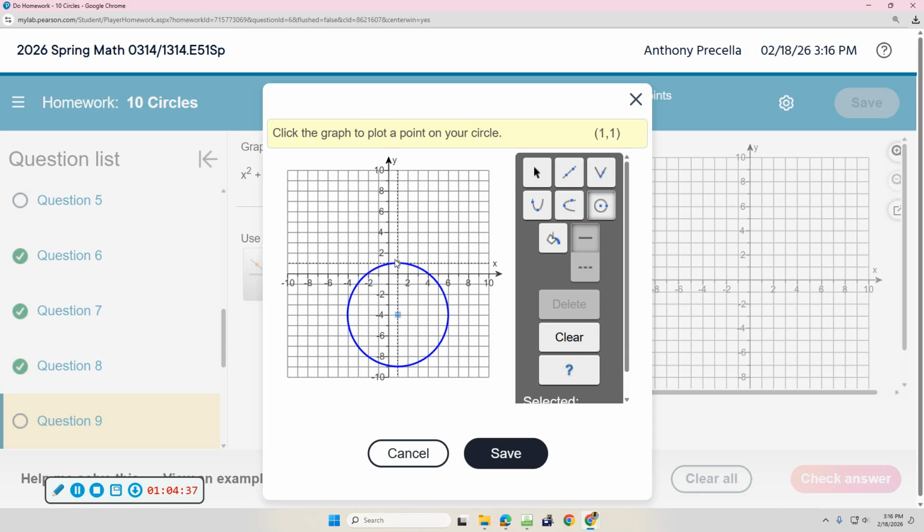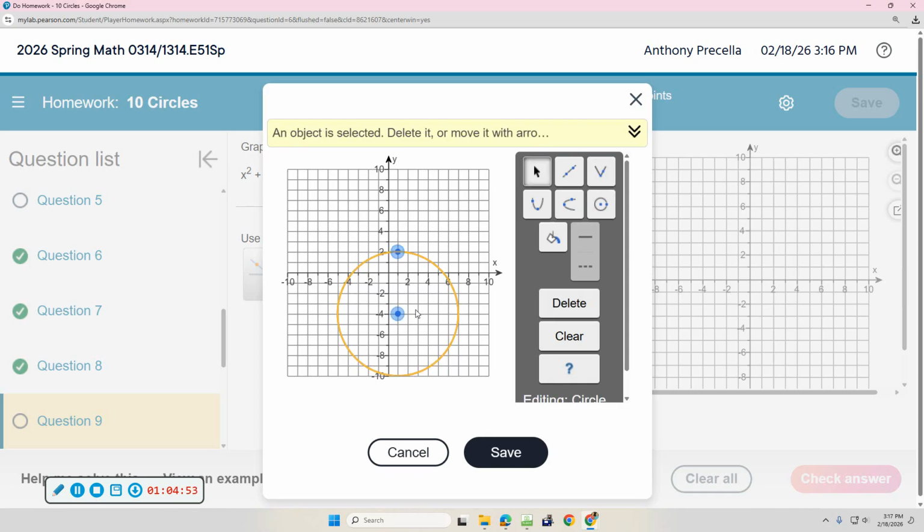By doing that, I'm also moving 6 units left, right, and down. Is that right? If I started at negative 4, negative 4 plus 6 gives you positive 2. Yeah. And if you count it, it's the same as moving right 6, left 6, down 6.